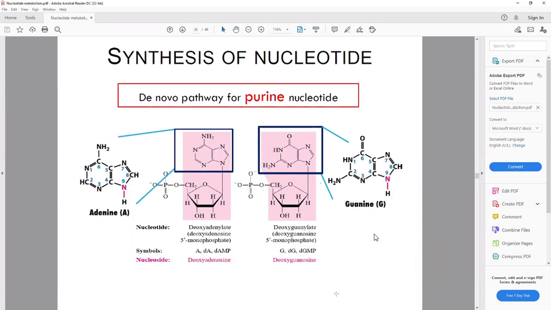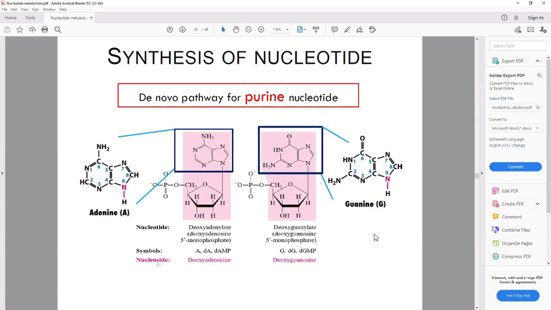Look here. Purine, if in nucleotides, is known as adenine and guanine. But when it is in the nucleoside, it is known as adenosine. Same goes for guanine, it is known as guanosine. So AMP, GMP, you know that AMP is adenosine monophosphate.